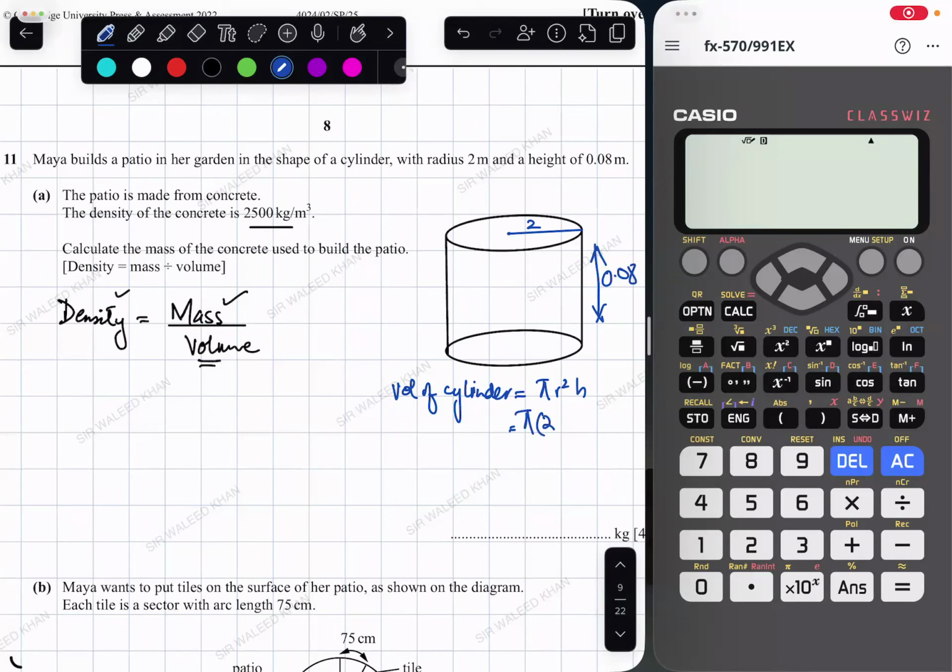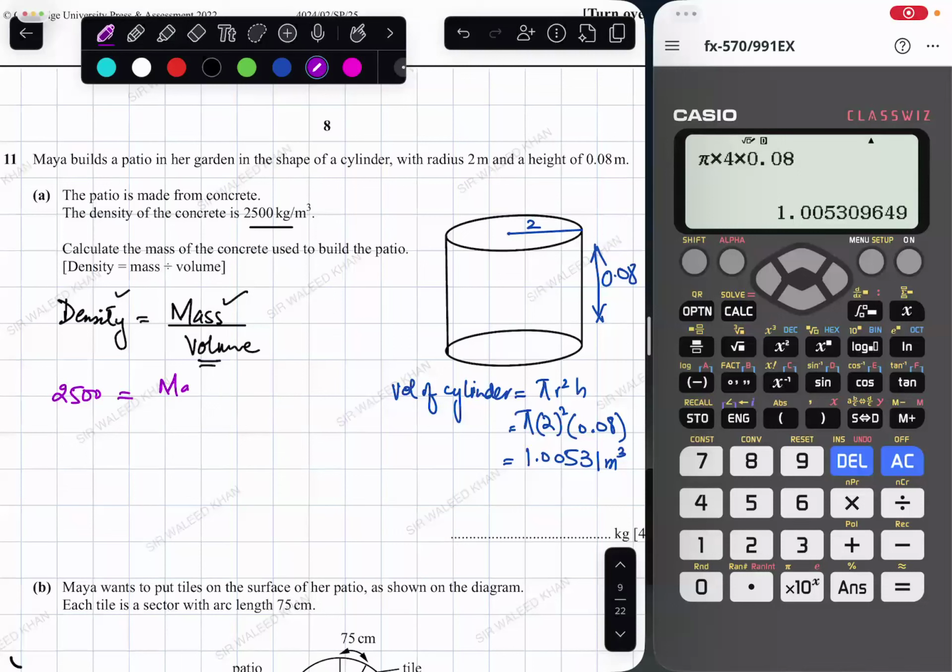So pi 2 square and 0.08. Now use the value of pi as it is. Pi times 4 times 0.08. That would be 1.00351. Take as many decimal places as you can, and you can just round off the final answer. So this is your answer in meter cube. I can use this answer in place of volume. We have the density. The density is 2500.